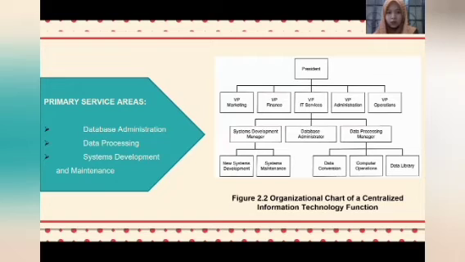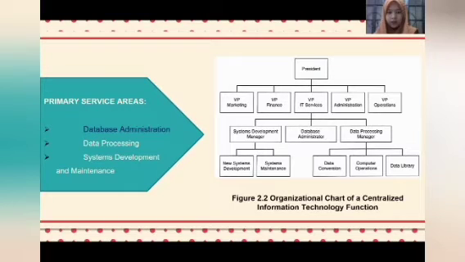The IT services function is usually treated as a cost center whose operating costs are charged back to the end users. So Figure 2.2 illustrates a centralized IT services structure and shows its primary service areas: the database administration, data processing, and systems development and maintenance.